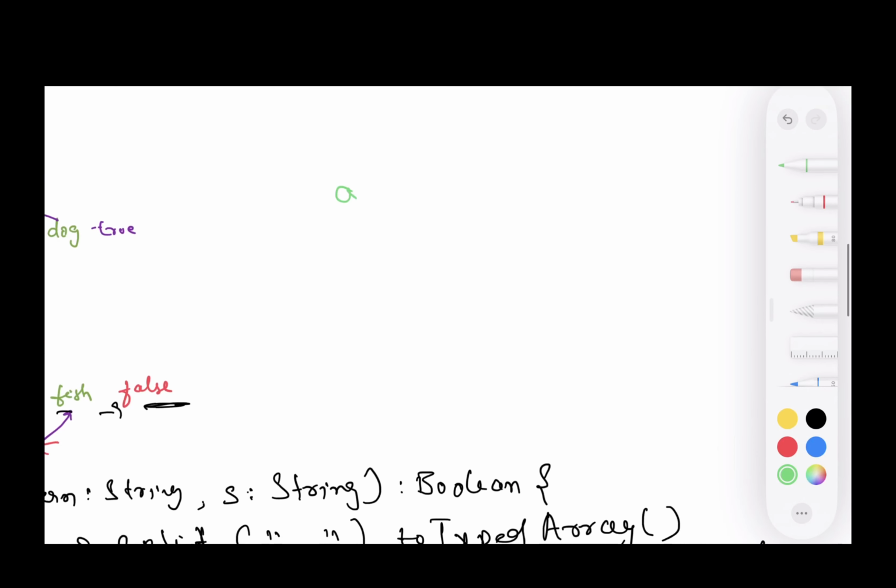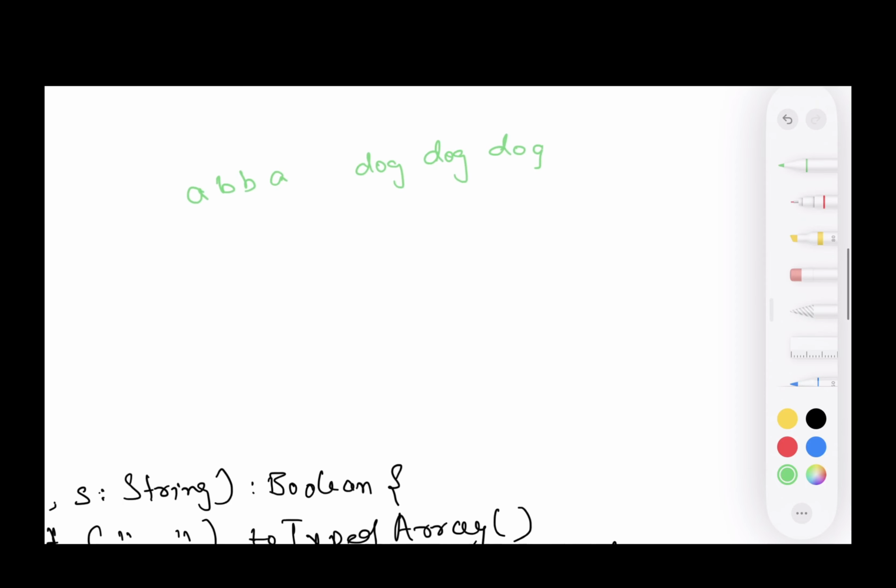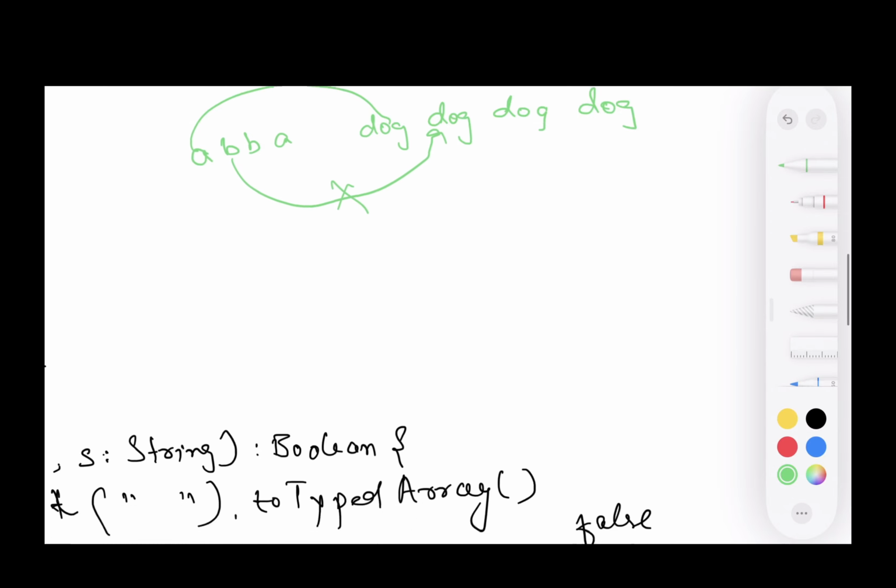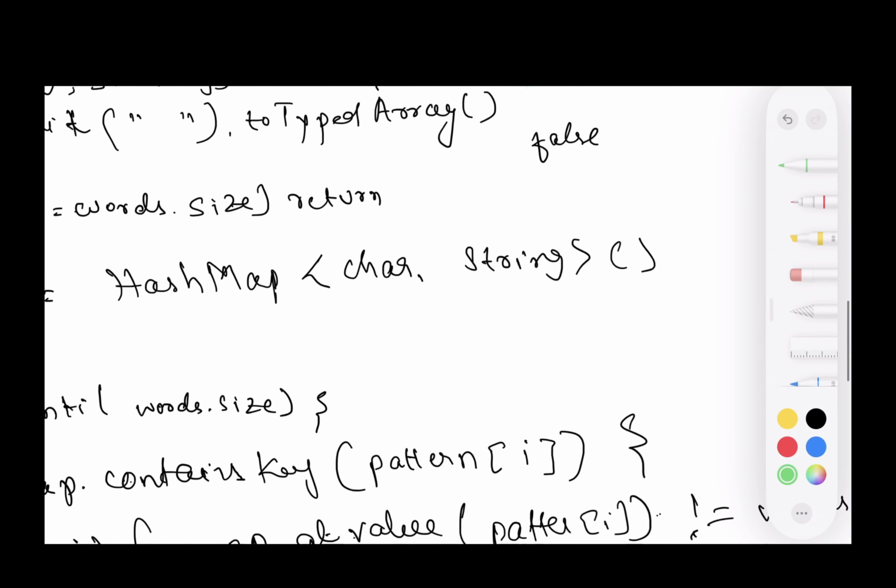Say there is a b b a, and they gave you dog, dog, and dog. When you map a to dog, and again you are trying to map dog to b, it's wrong, correct? So in this case we should return false immediately. So that's what I should write the code for.